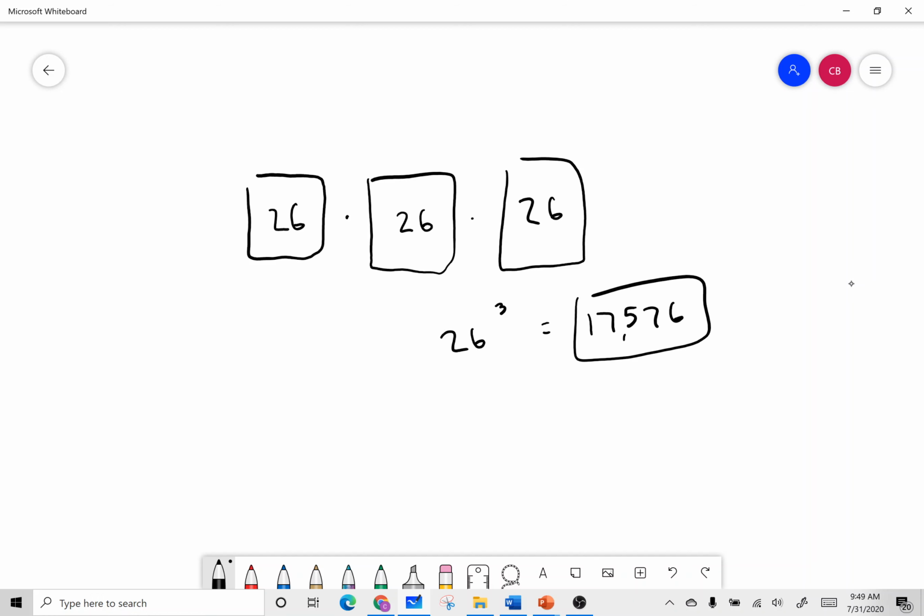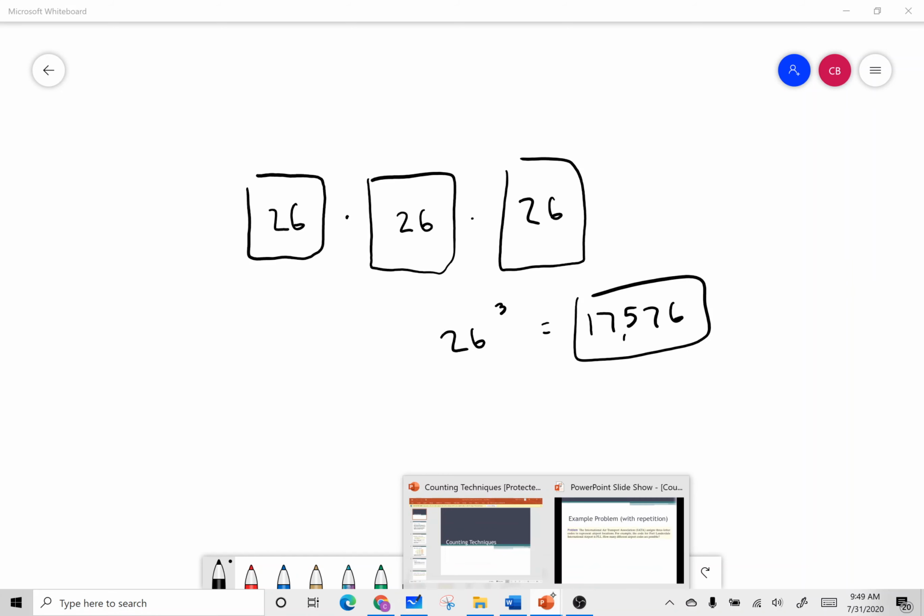There are 17,576 different airport abbreviations that they could use technically. And that includes ZZZ, which I don't know what you'd call ZZZ, but maybe the sleep airport or something.